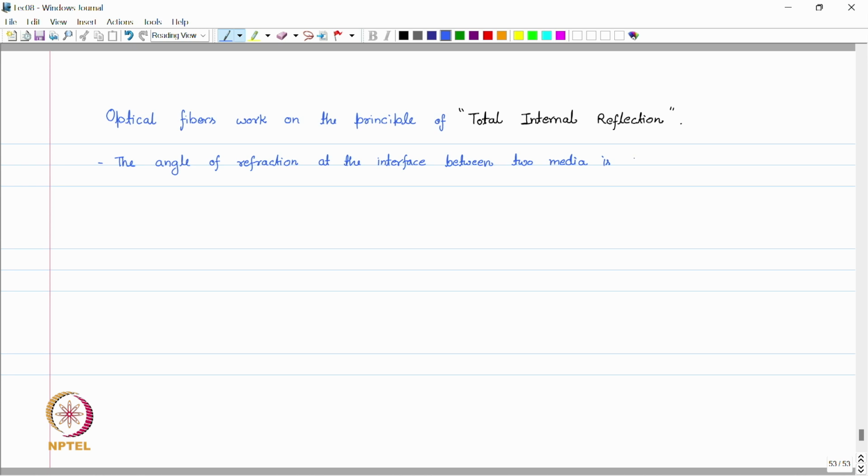The angle at the interface between these two media is governed by Snell's law. And this law says n1 sin theta 1 is equal to n2 sin theta 2.